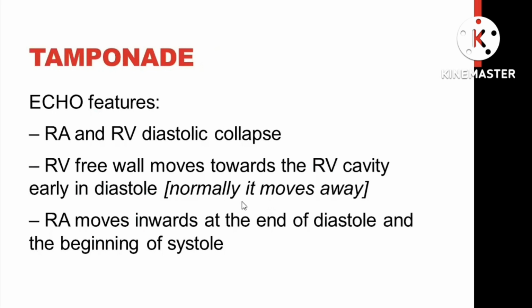Okay. So what is the first to happen in tamponade? Yeah. So the RA followed by RV. The first to collapse is the RA.